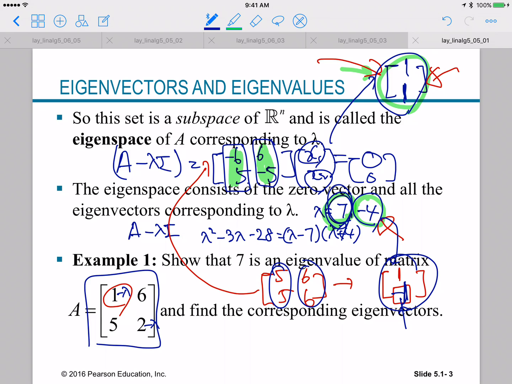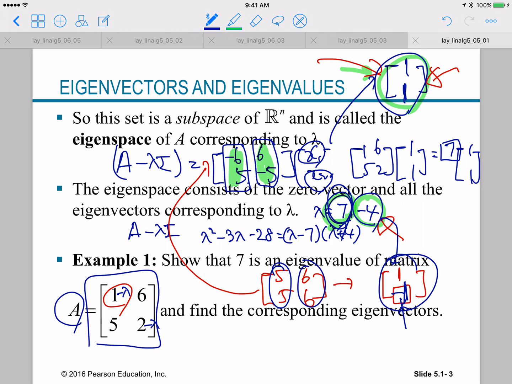So your matrix A was 1, 6, 5, 2, and your eigenvector was 1, 1, and then this product will become 7 times 1, 1, right? Is it true?